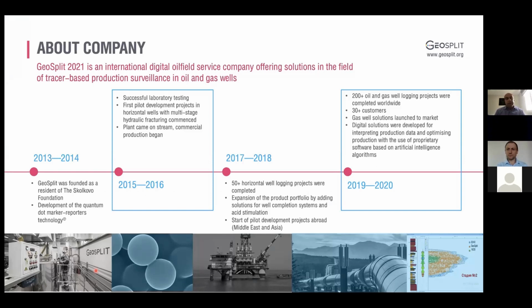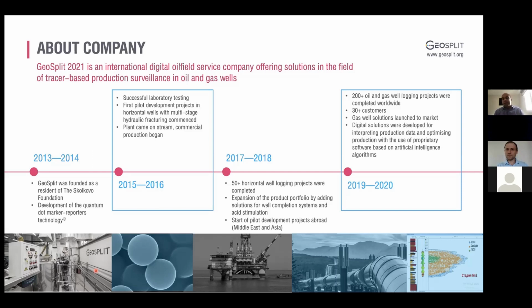Ever since then, we developed quite an interesting portfolio where we use nanomaterials, quantum dots, as tracers primarily in the domain of production profiling. Today, we are present in Russia, China, and the Middle East, already serving more than 230 wells throughout the world.